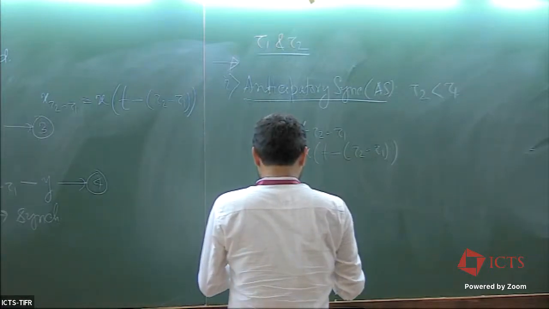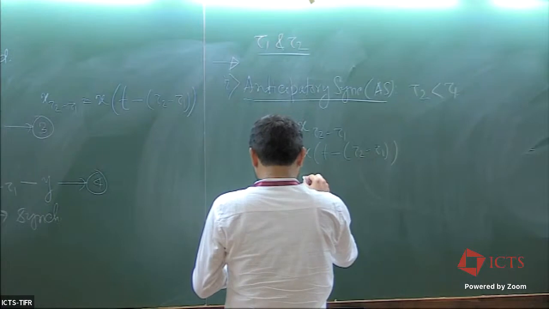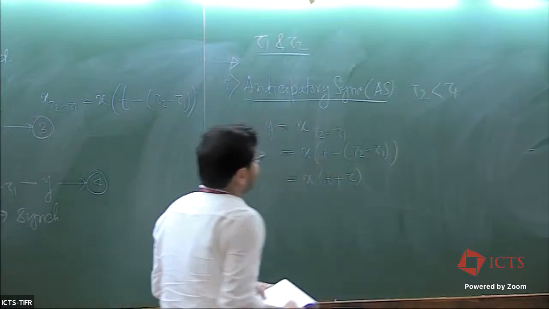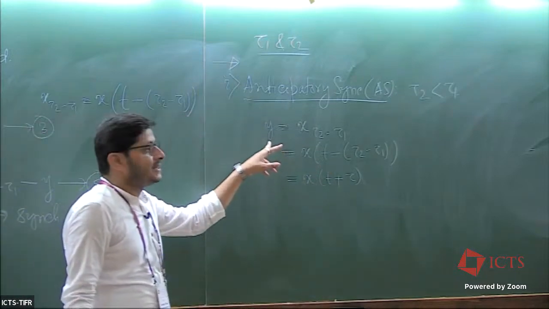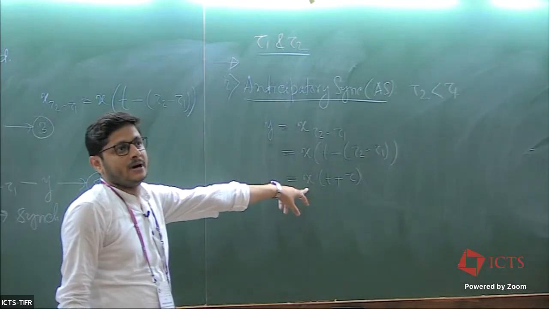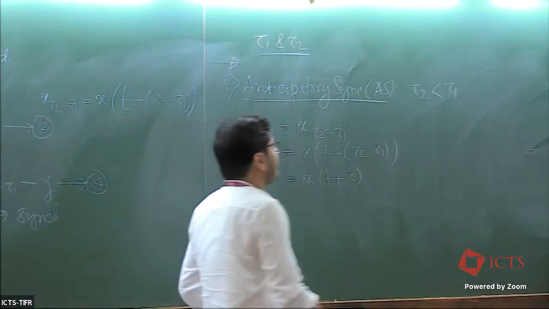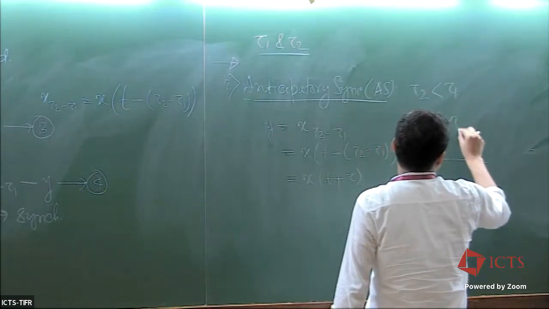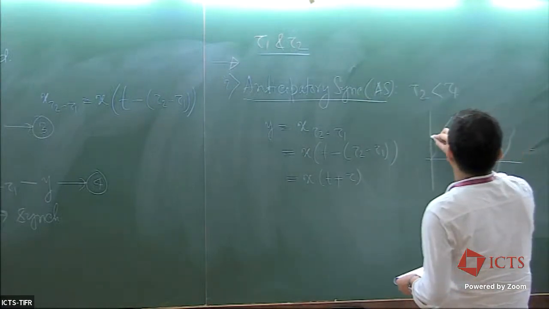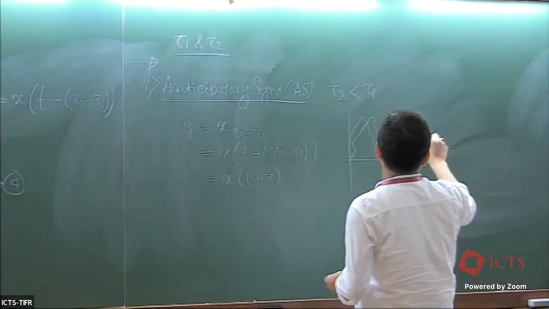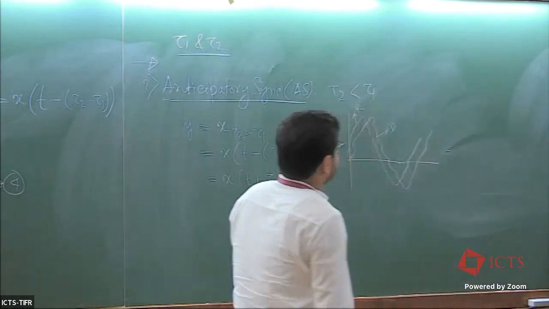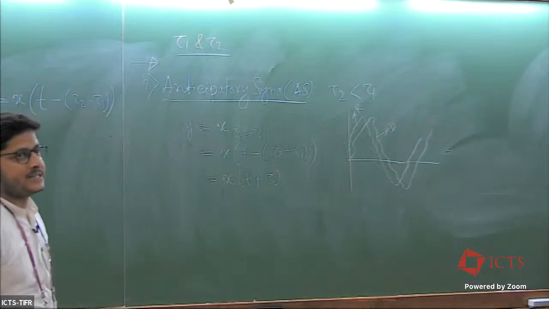So y is equal to x of t plus tau. That means the state of the response anticipates the state of the driver. Suppose this one is the driver and this one is the response. So this is anticipatory synchronization.